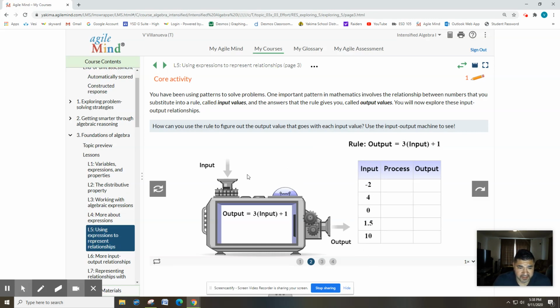Okay, so the way I look at this is, here are our inputs, and we're going to place them here.